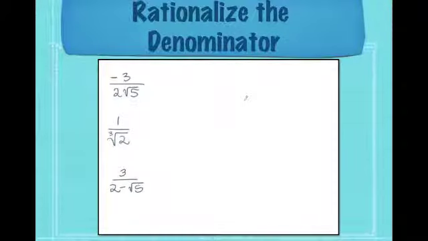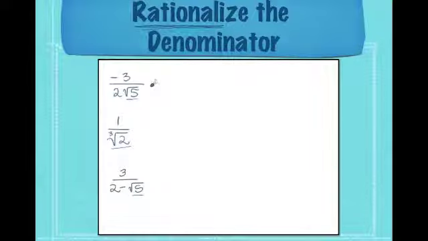Okay, now we're going to talk about the rationalization of denominators. And what this means is we're trying to get a rational number in the denominator. If you notice in all three of these examples, they have square root 5, the cube root of 2, and the square root of 5 down here. All of those are irrational numbers, and you don't want to have any irrational numbers in the denominator.